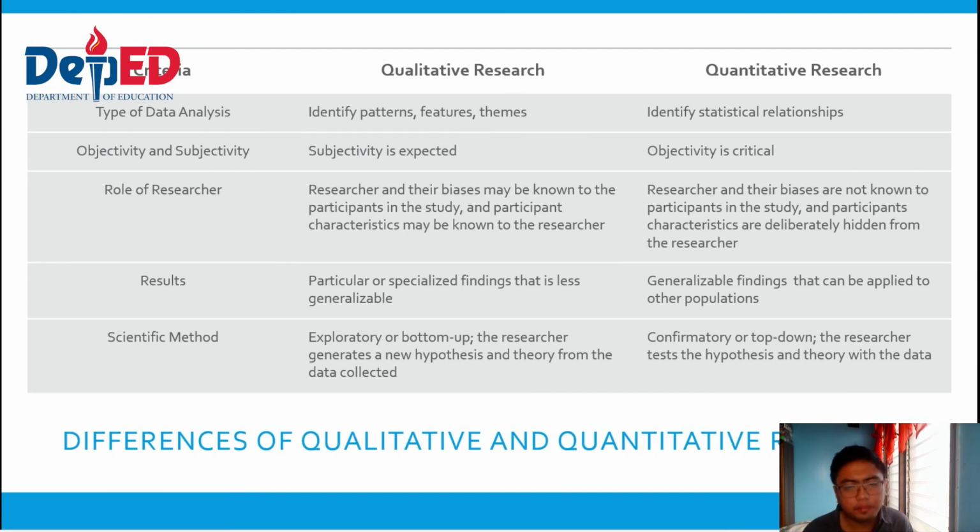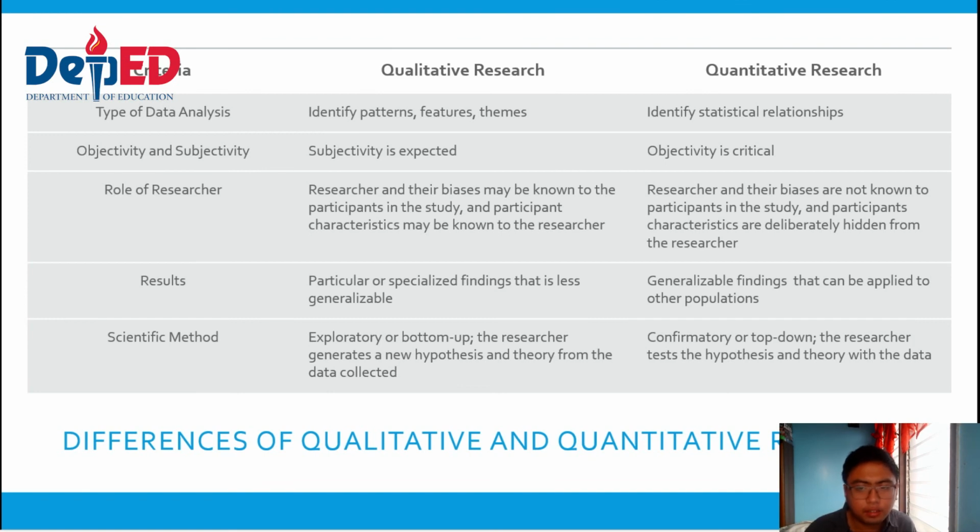Results, qualitative, particular or specialized findings that is less generalizable, while quantitative, generalizable findings that can be applied to other population. It means, sa qualitative, hindi mo pwedeng ma-apply ito sa parehas na number of persons, clusters of persons on another location.